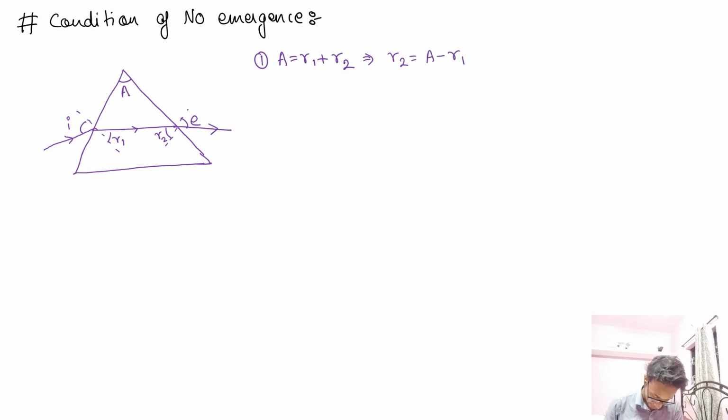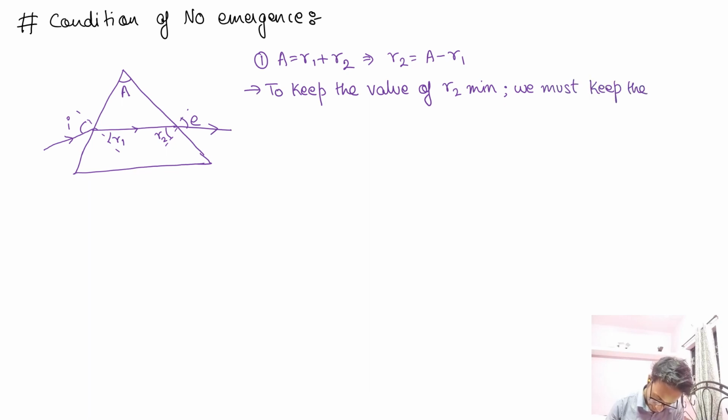See, from here we can safely say, if we keep the value of R2 minimum, then we have to keep the value of R1 maximum.